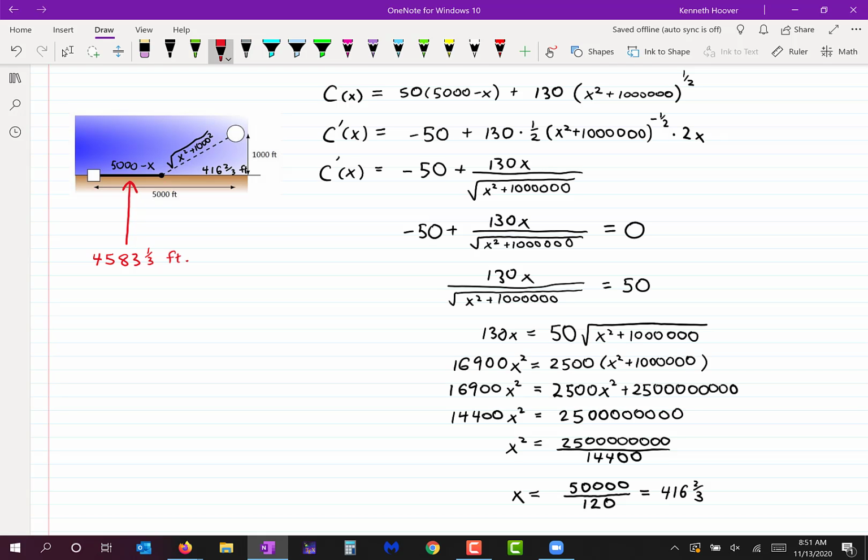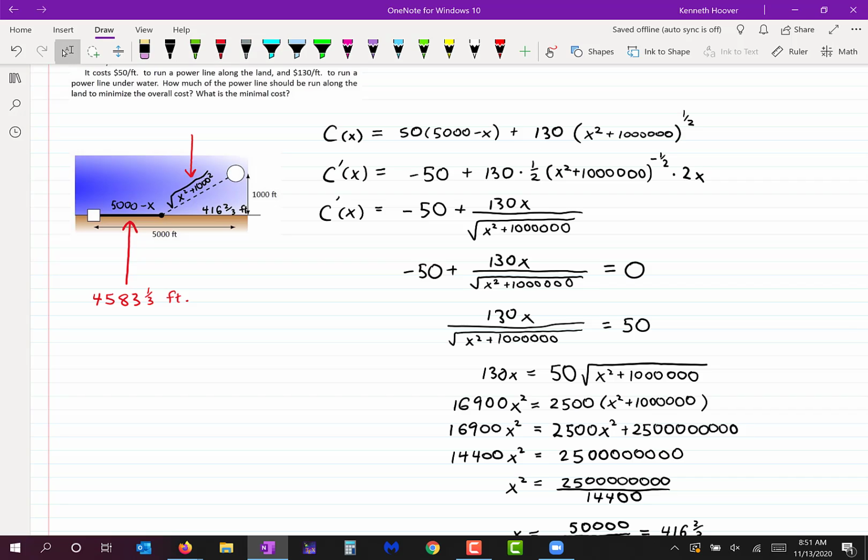Okay, and how much is this distance right here? Well, you just take your x and plug it in. That comes out to be about 1,083. Okay, I'm rounding off a little bit there.